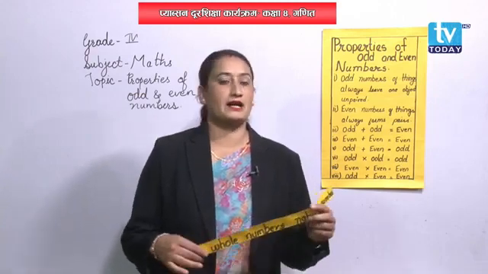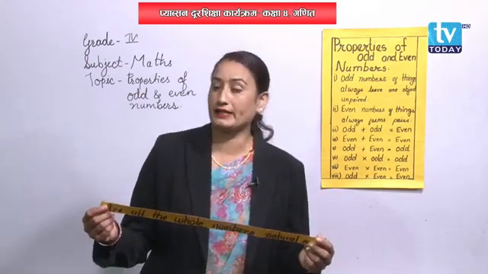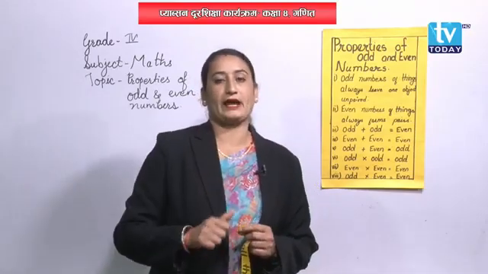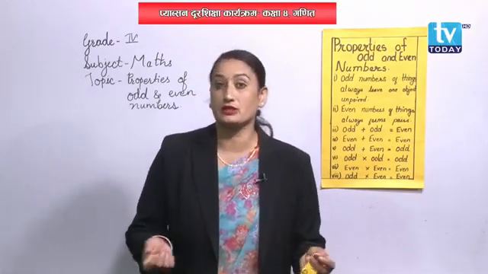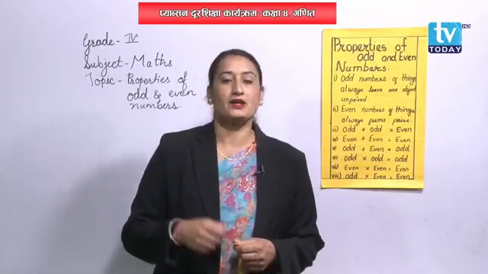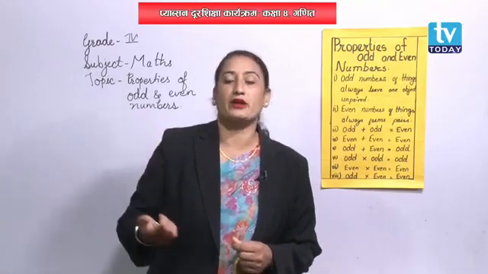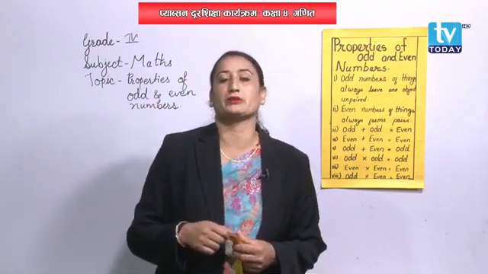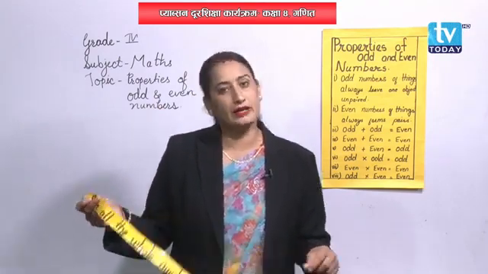All the whole numbers are not natural numbers. Why? Natural numbers always start from 1 and whole numbers always start from 0. So, we can say all the natural numbers are whole numbers, but all the whole numbers are not natural numbers.